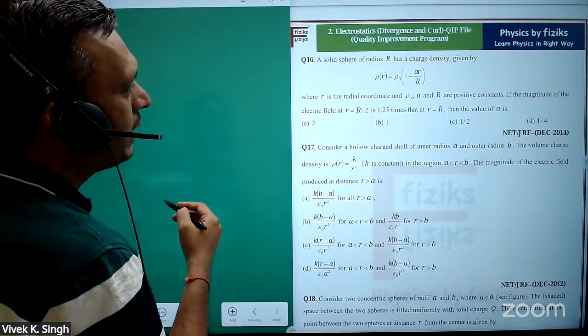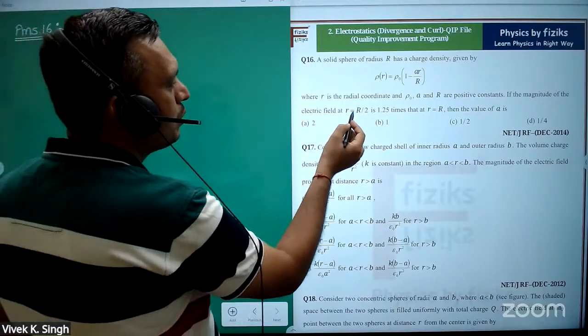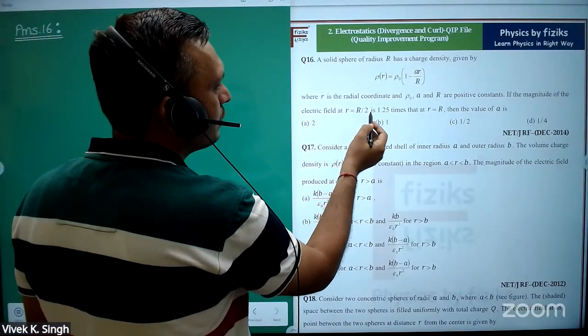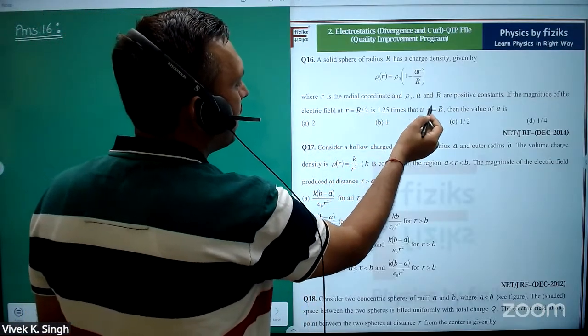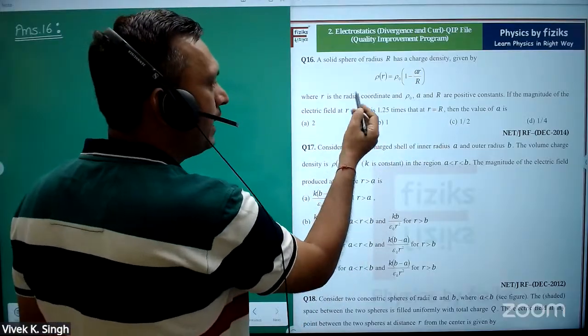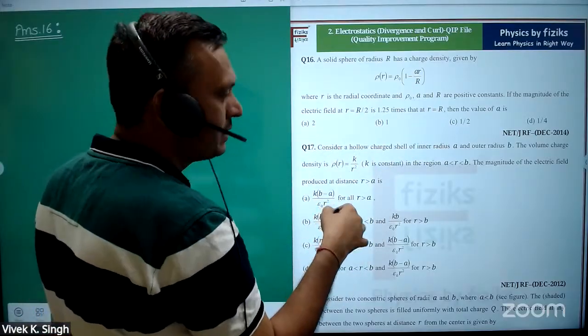The magnitude of the electric field at r = R/2 is 1.25 times that at r = R. So we will find the electric field inside.